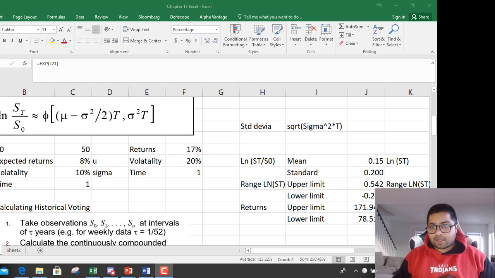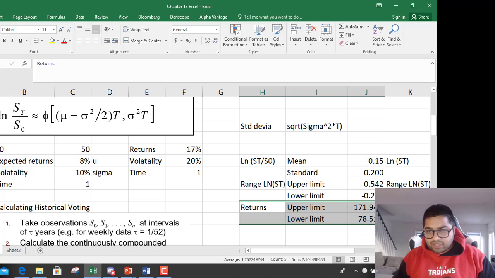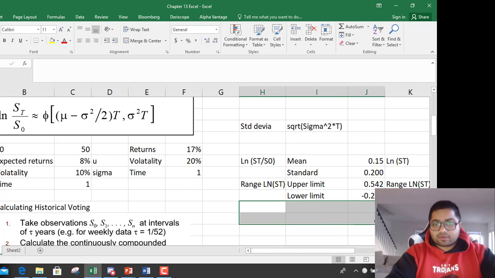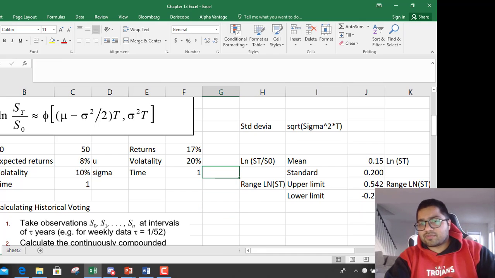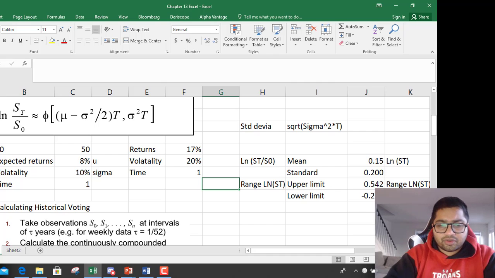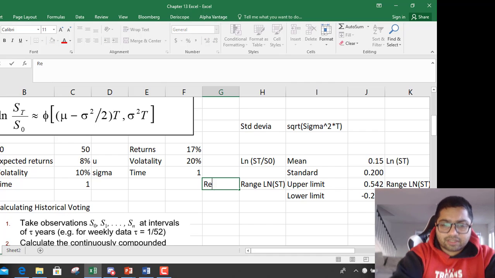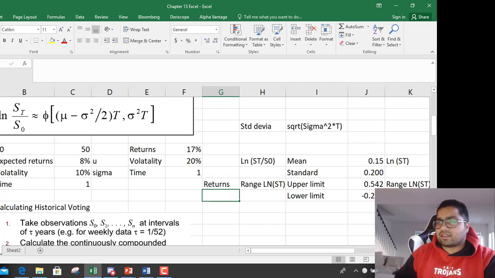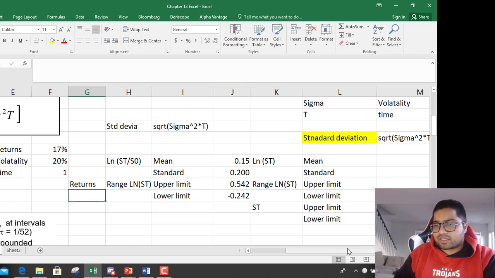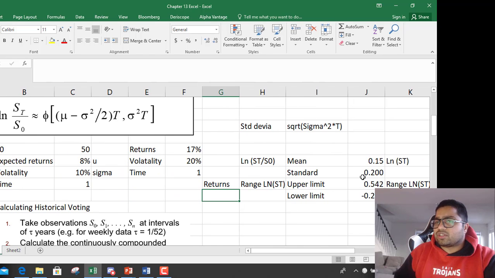One major thing is we don't have to do that actually. Since the returns follow log normal distribution, you can assume that returns will fall in this range. So you don't have to raise it to the power of exponential to do it. So it's only two steps. First, find out mean, then standard deviation in log normal form, then find out range.